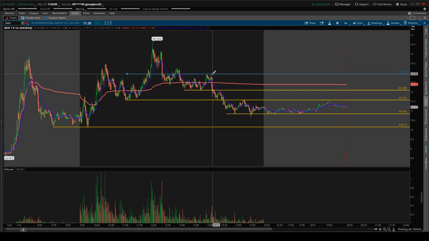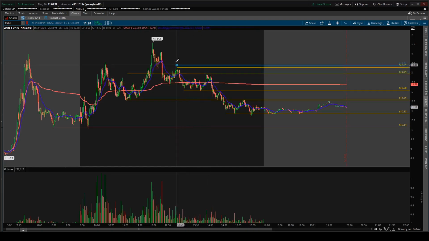So we give more importance to price levels that come later. So like this one, I will draw this one, but I won't be drawing this one because this one is not important anymore. The importance of this level has been broken by this level. So we have also this level as a resistance.